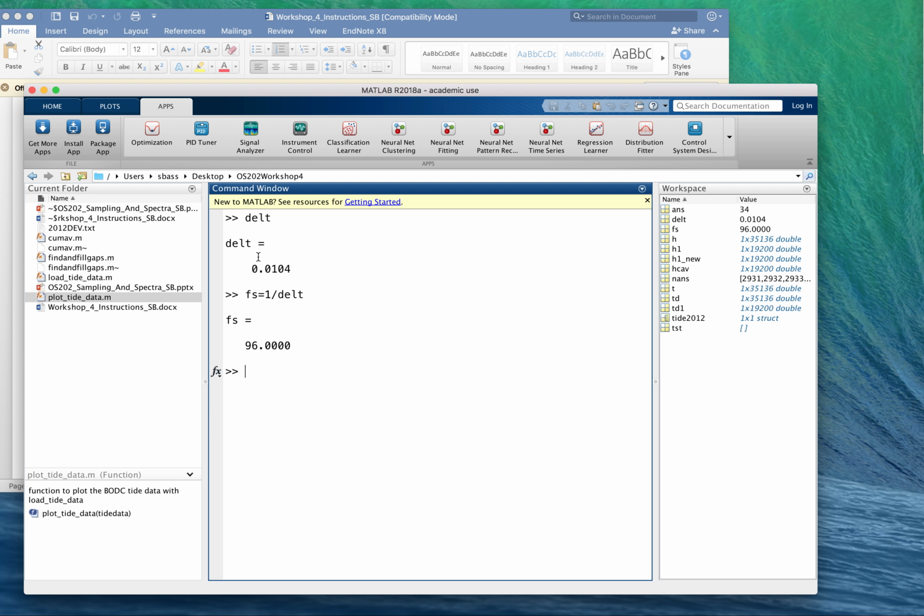So we multiplied this number by 24 hours per day and 60 minutes per hour, and we got 15 minutes. So the time interval is 15 minutes. So that means that the shortest period that we could observe would be 30 minutes.